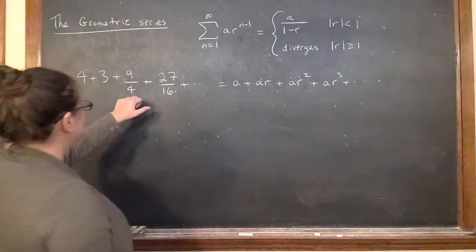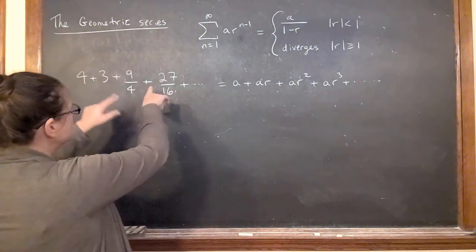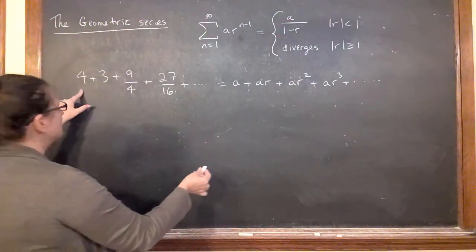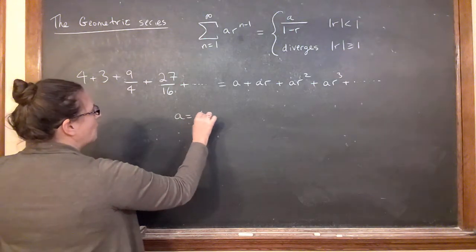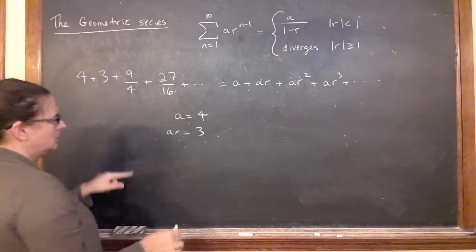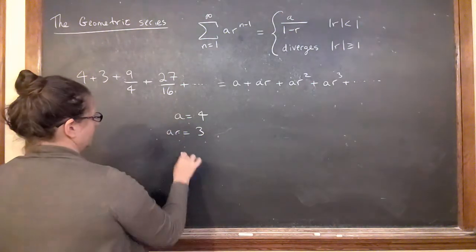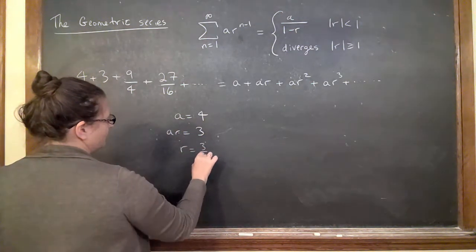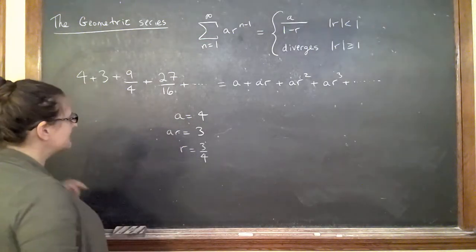If this is a geometric series, these terms are those. So this is telling me that a is 4 and ar is 3. Well, if a is 4 and ar is 3, then r is 3/4. Okay, is this making sense though?